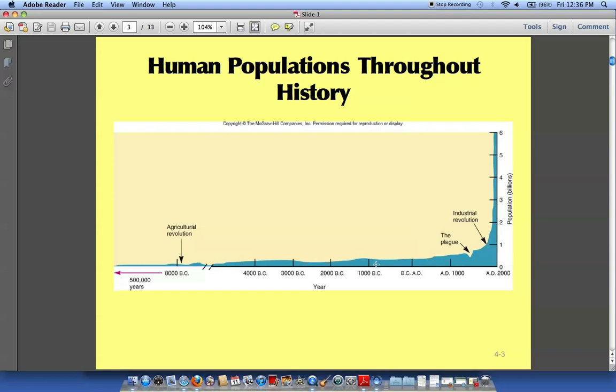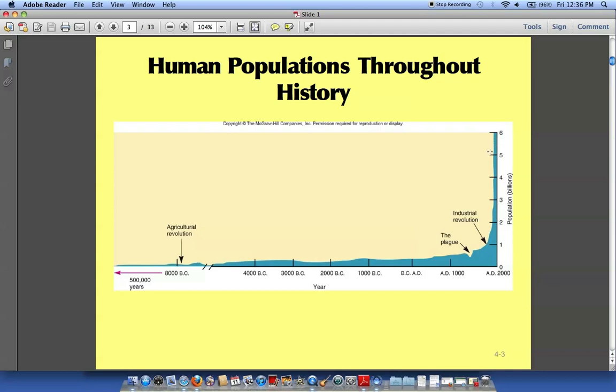See the population's increasing. Then all of a sudden we have a plague. But then we recovered from that. And then the Industrial Revolution. Okay, that's when all these factories and all these mechanical farming tools came about. And from then on, population has skyrocketed.